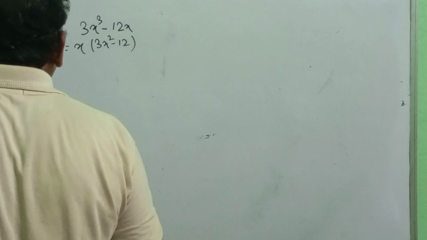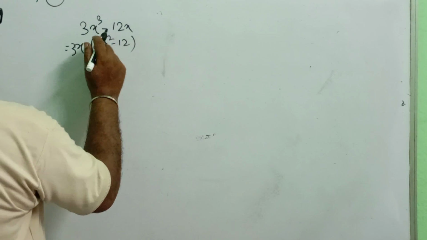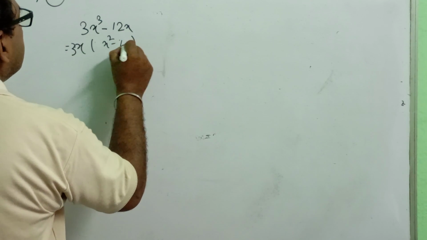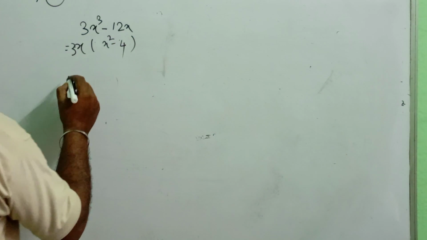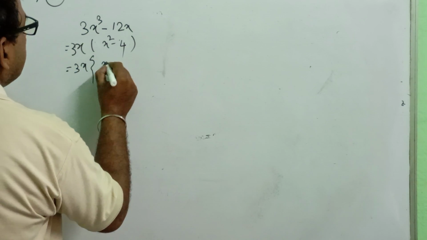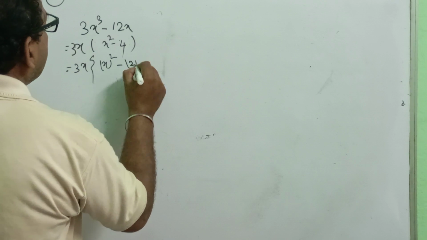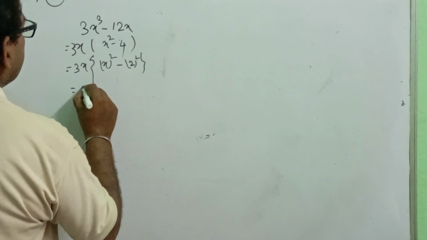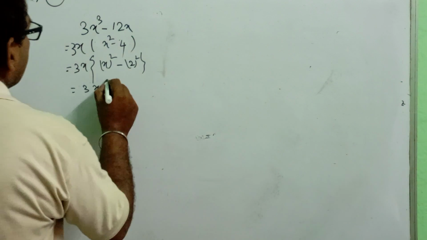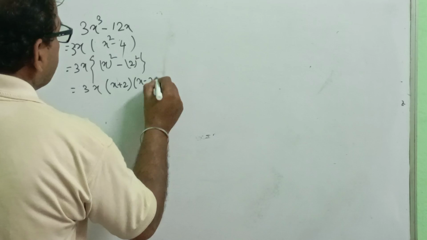Now what we can do? First take the common. So this 3 is over there and this is the 4. Then using the identity, x square minus 2 whole square, that is 3x, and this is x plus 2, x minus 2.